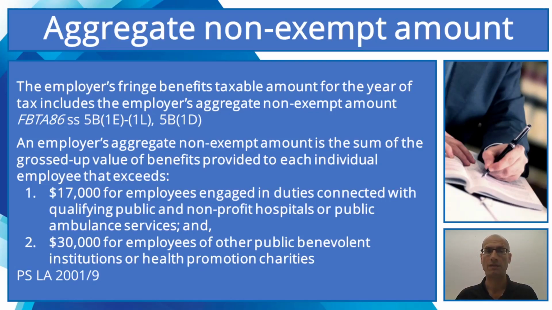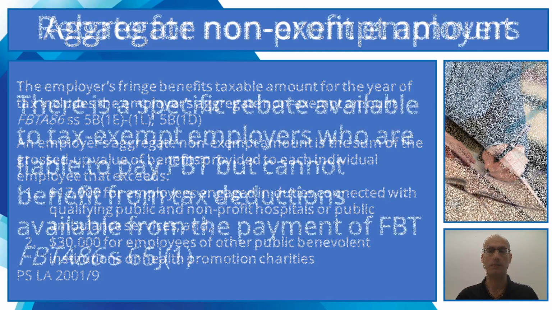For the amount of benefits that go beyond that, and this is to do with each individual employee, if it's more than these amounts, then those amounts are factored back into the liability of that particular employer. The idea being that you can provide some sort of benefit, but not too much for a particular employee in regards to those kinds of specific industries.